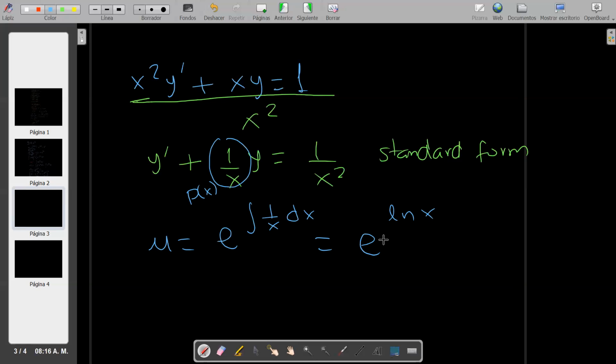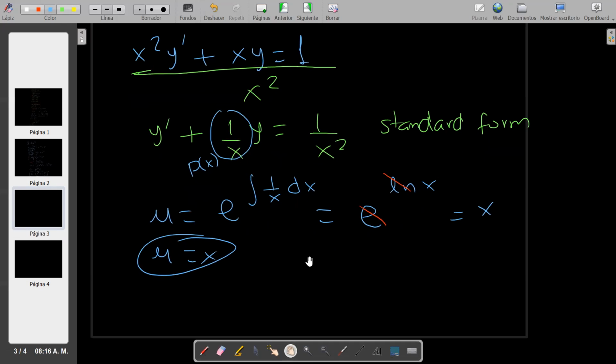As you have seen, we are not using the constant in the solution of this integral because we just need one solution for the integrating factor. We do not need a family of solutions. That's why I'm not writing the constant belonging to this integral, okay? And e to the log of x will be simply x, because e and the log cancel. So our mu is equal to x. This is our integrating factor.